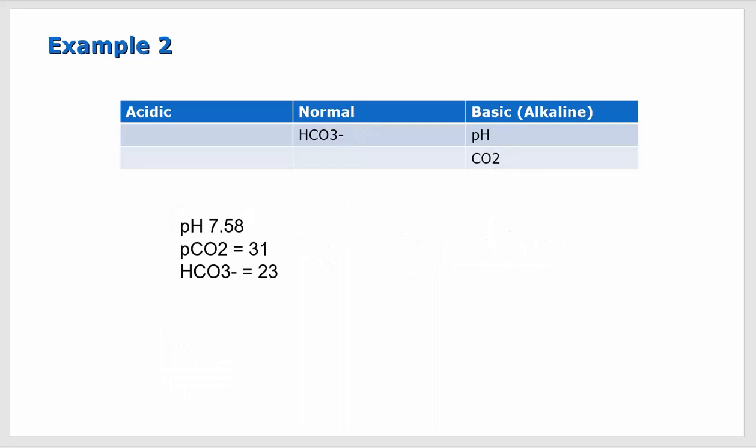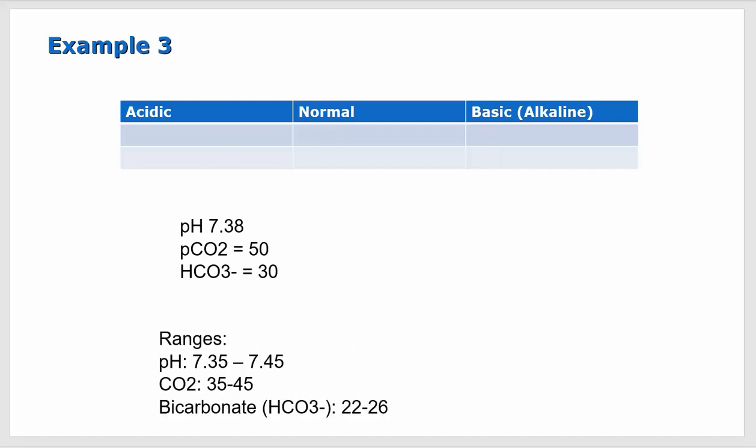Okay. So let's see if I did it right. Yes, so we're over here, normal bicarb. So uncompensated respiratory alkalosis. So let's look at this one. Oh, look. We have a pH of 7.38. So that's normal.